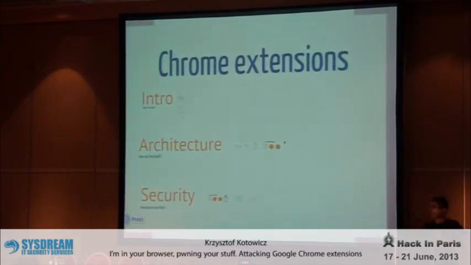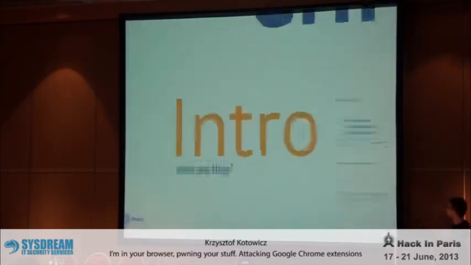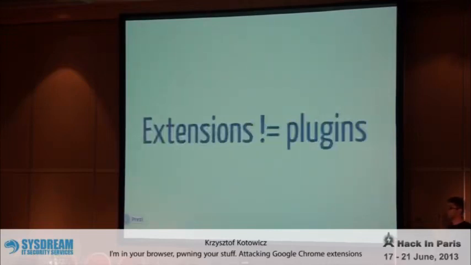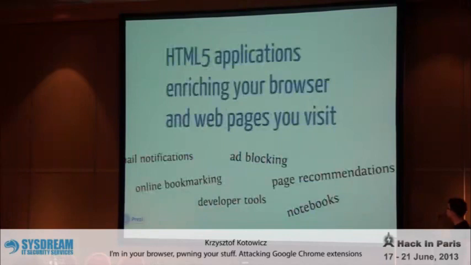So what are Google Chrome extensions? Firstly, these are not browser plugins. So Google Chrome extensions are not a Java plugin, not Silverlight, not a PDF reader. Google Chrome extensions and browser add-ons in general are basically HTML5 applications that enrich your browser user experience.